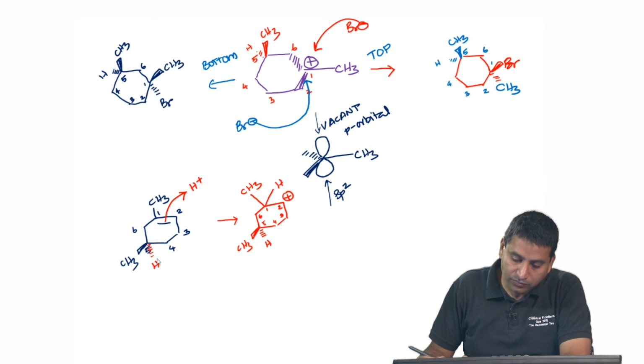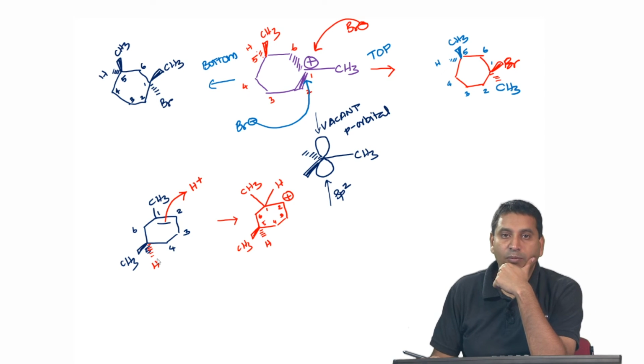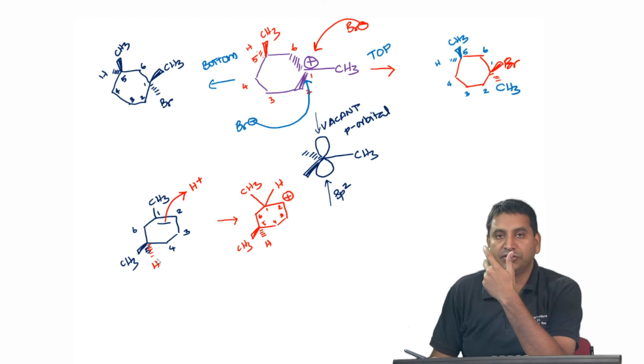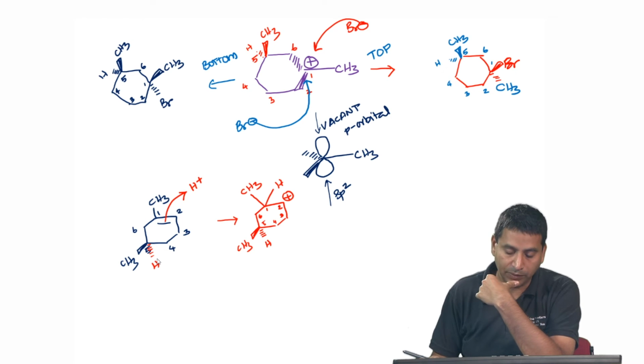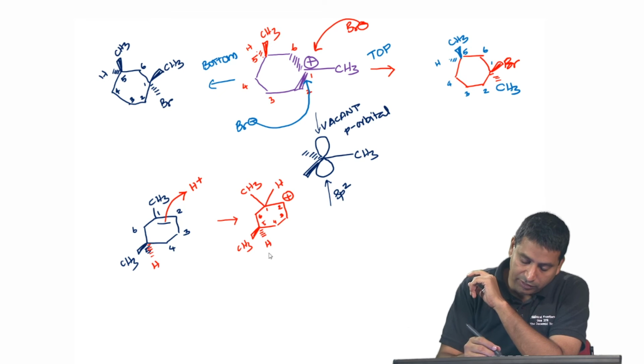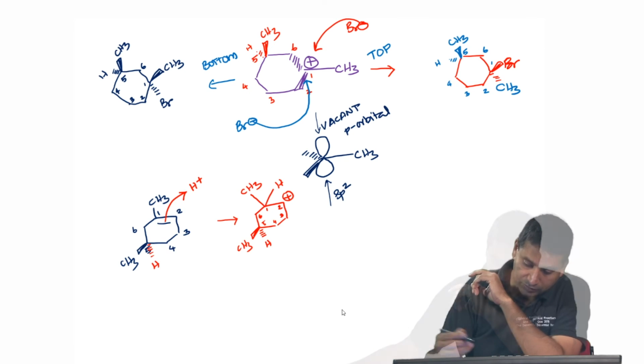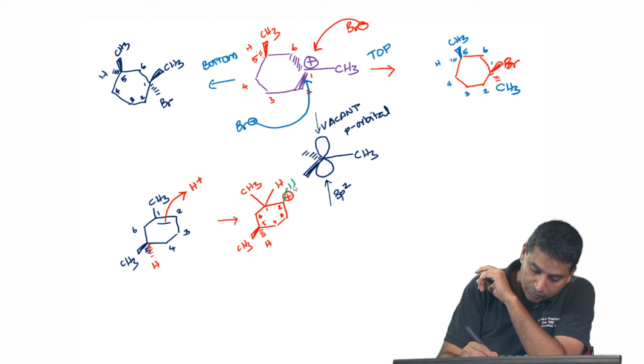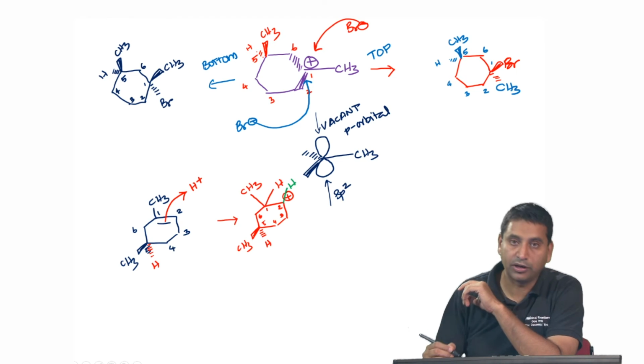Now, what is it about this carbocation that is different from the first carbocation? Let us see the number of hydrogens attached to it. So, there is 1 hydrogen attached to this carbocation.